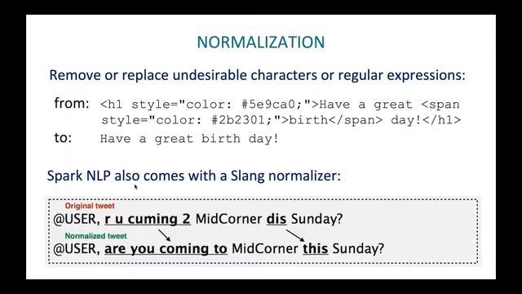Another nice thing that Spark NLP comes with is a slang normalizer. If you're dealing with social media or other text that has a lot of slang, you can normalize that before you send it to further processing, so that your other pre-trained models will do much better. So that's just the text processing step that's out of the box.